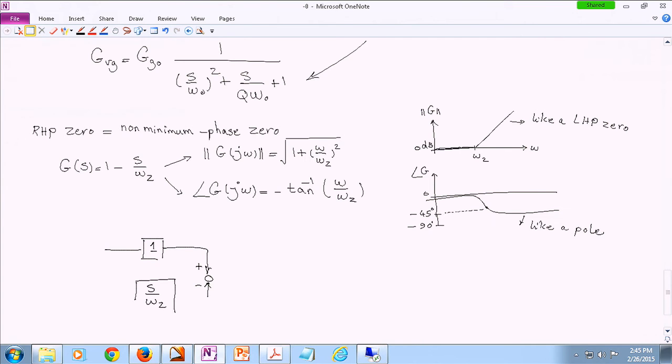As I said, these systems do not really exist in reality, because remember, systems should be causal, and this is not a causal system. But I'm just trying to oversimplify this. So you have an input, and then you have an output.